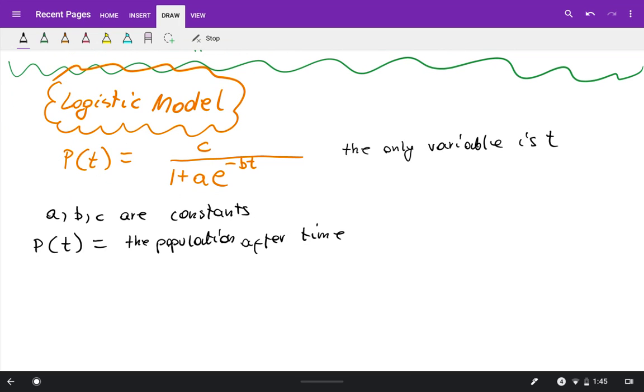What we know about A and C, let's put them separately maybe. A has to be positive, C has to be positive, and when B is positive, the model is a growth model.